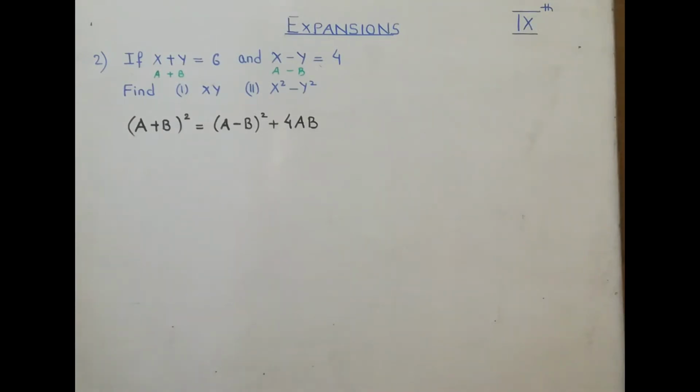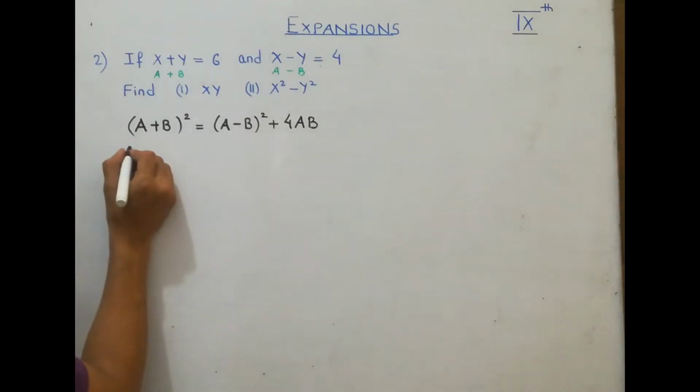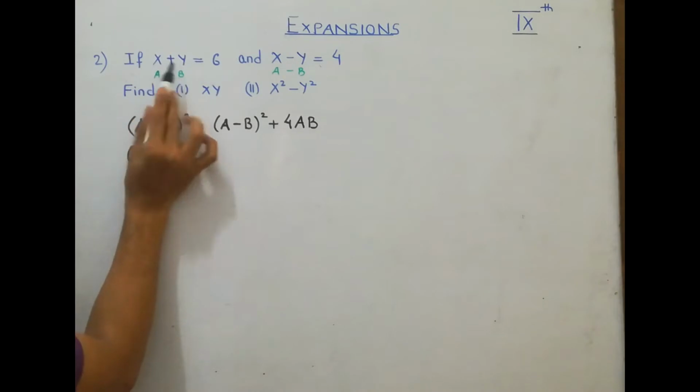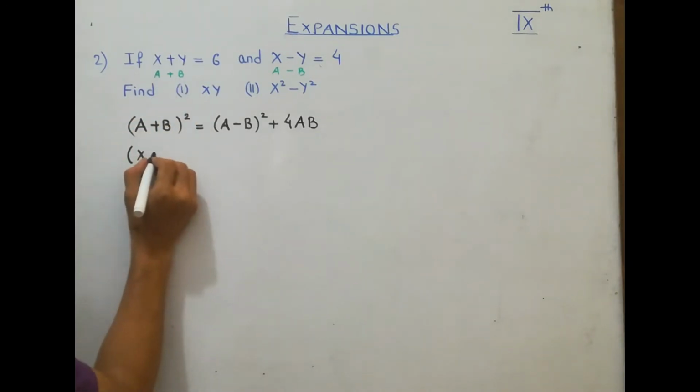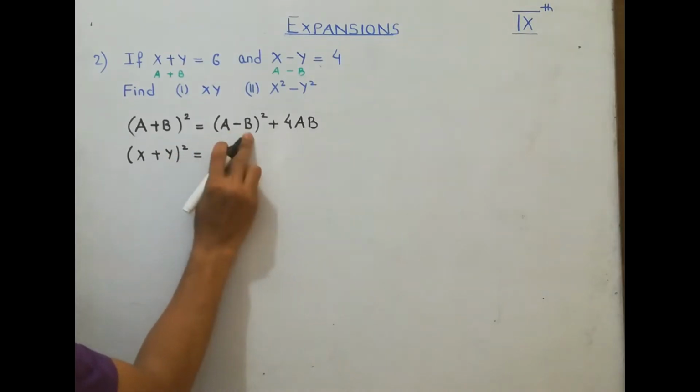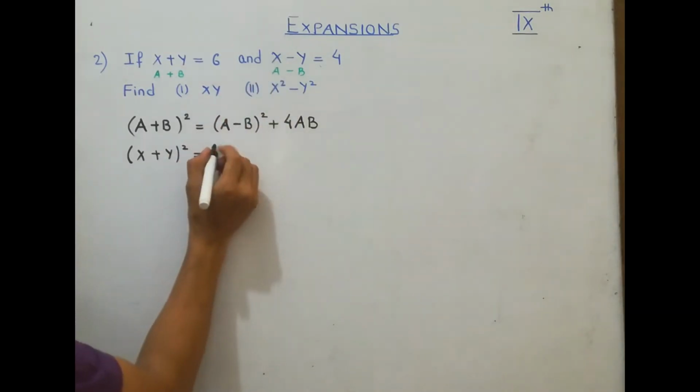Okay, now here our A plus B is x plus y and A minus B is x minus y. So what we will do, we will substitute the values here. A plus B is x plus y, and A minus B is x minus y.